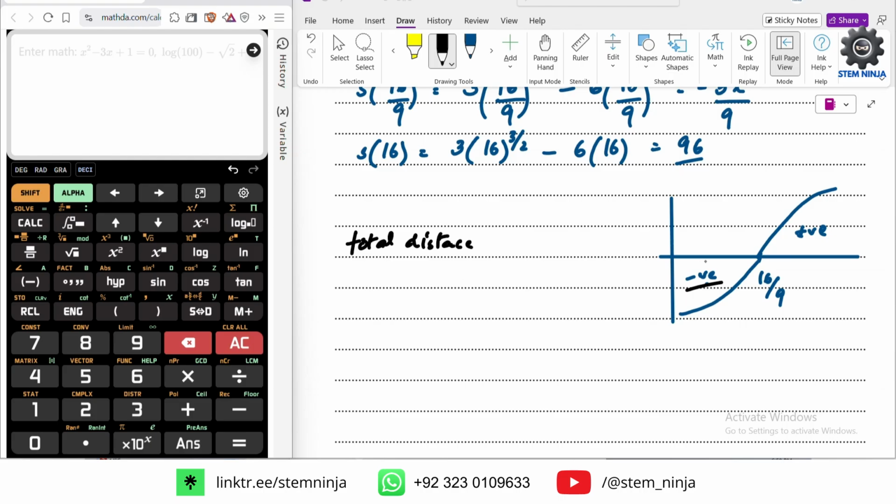So what we do now is, we know that the net sum of these is 96, right? So like 96 minus 32 over 9.